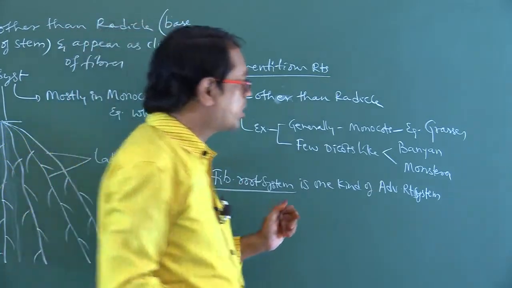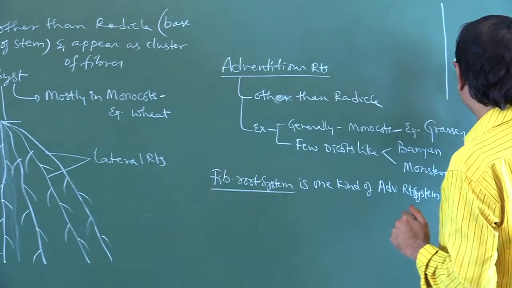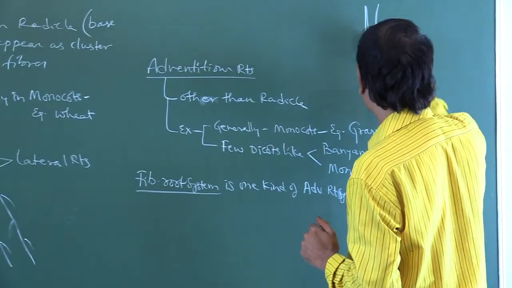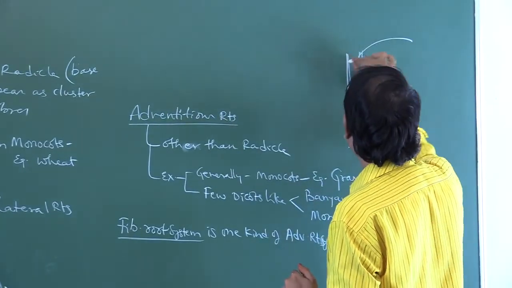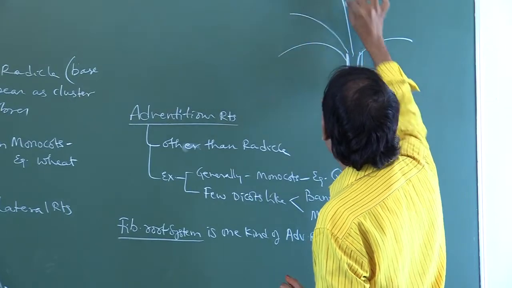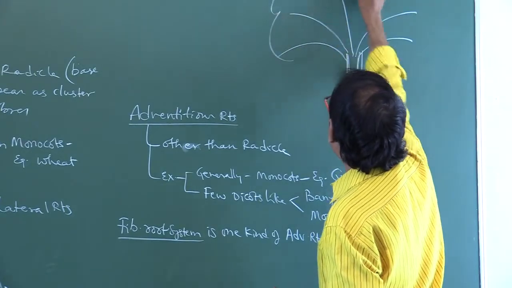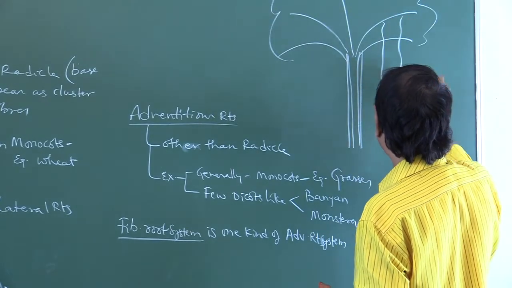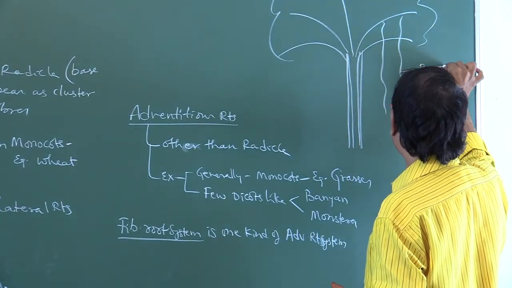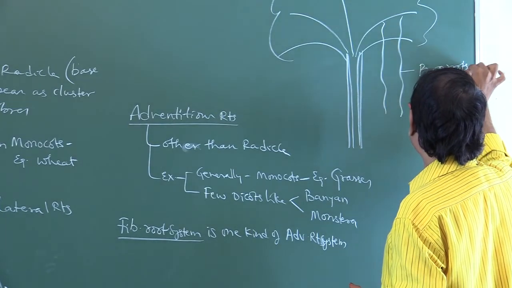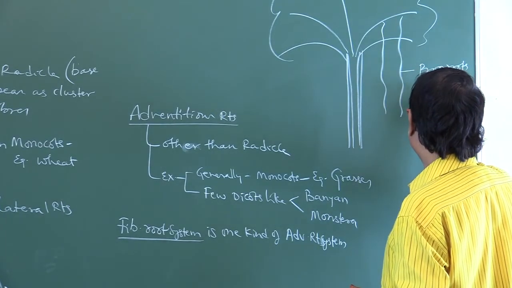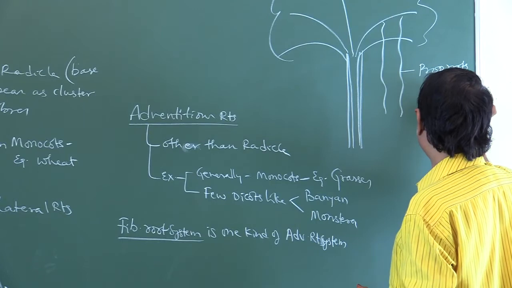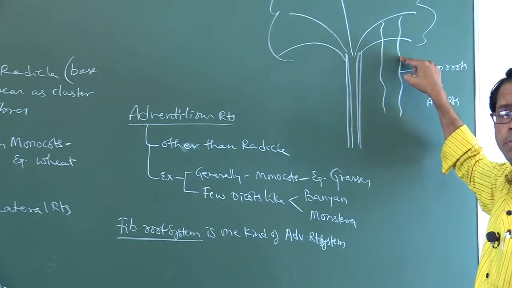Now, if you observe the banyan tree, from the branches these roots are developed. These are called prop roots. These prop roots are nothing but adventitious roots. These are not fibrous.